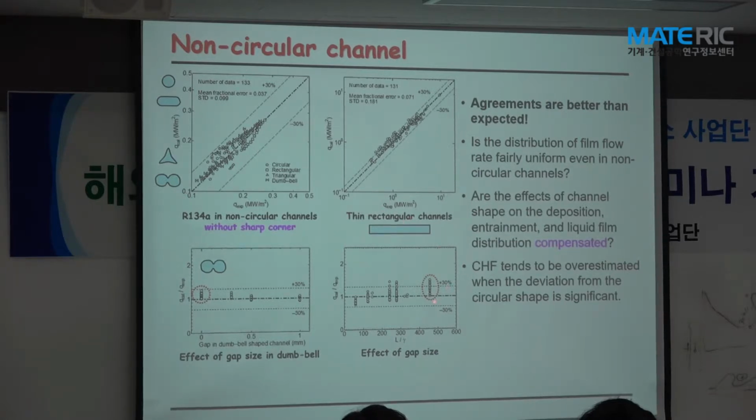So this is the main reason for the discrepancy. Therefore, I guess if a model of how much liquid is accumulated at the corner is further included, a better comparison would be obtained. Today I went to Dr. Yun's experimental lab, and this kind of rectangular shaped channel was shown. In that case, the channel gap is 2 or 3 millimeters. Therefore, this kind of phenomenon may be important. I don't know the details.